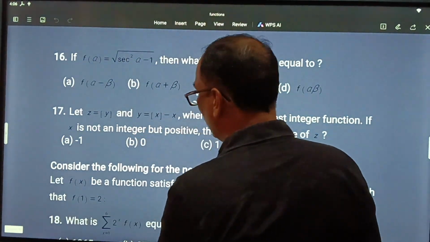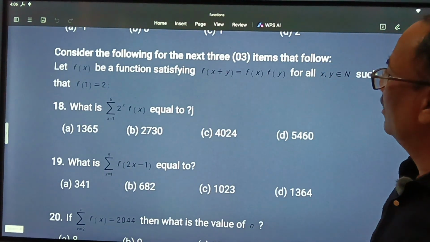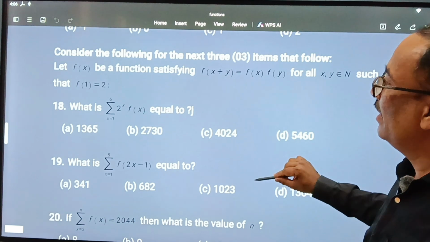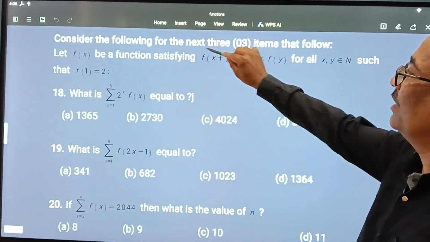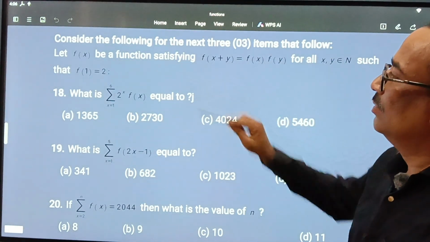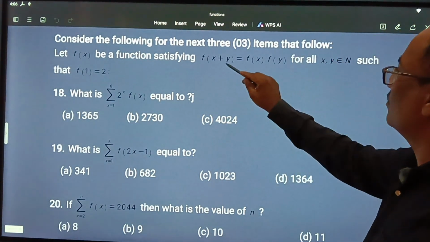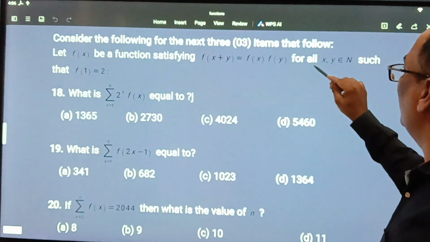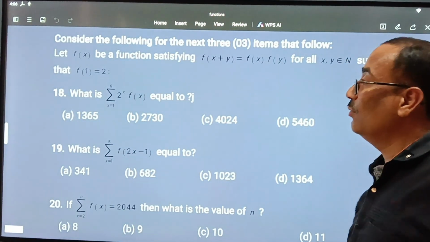Now the next question for you. This is related to functional equation. Consider the following for the next 3 items that follow. Let f(x) be a function satisfying f of x plus y equals f of x into f of y for all x, y belonging to N, such that f of 1 is equal to 2.